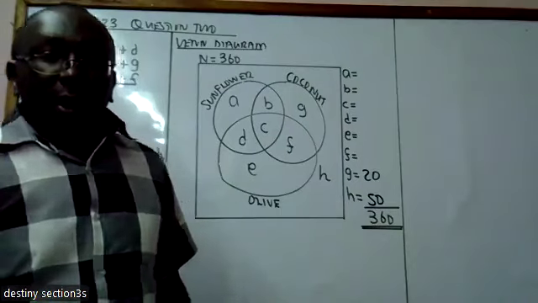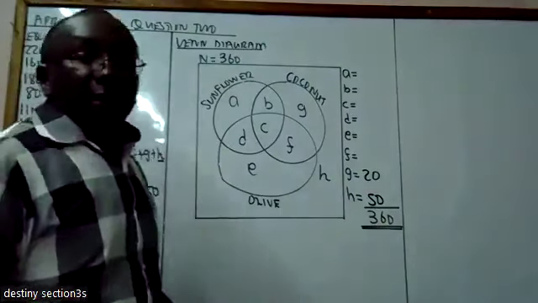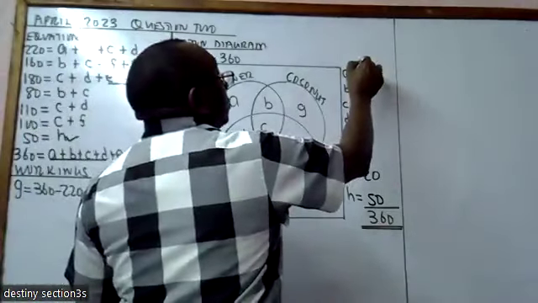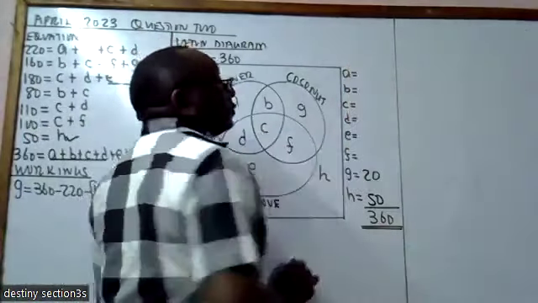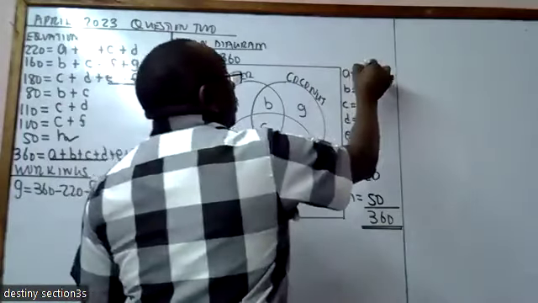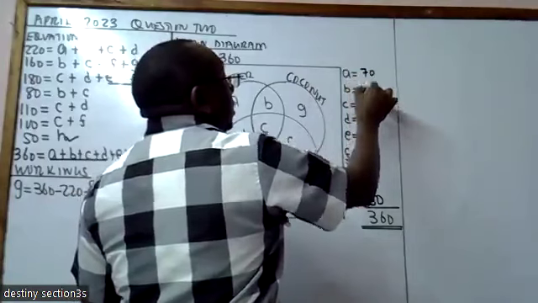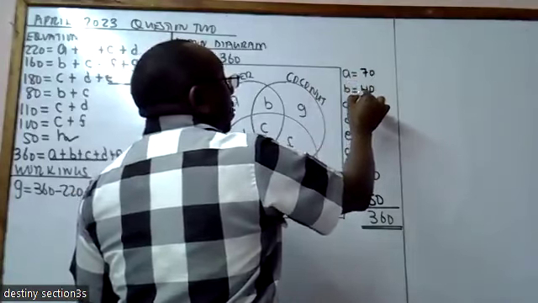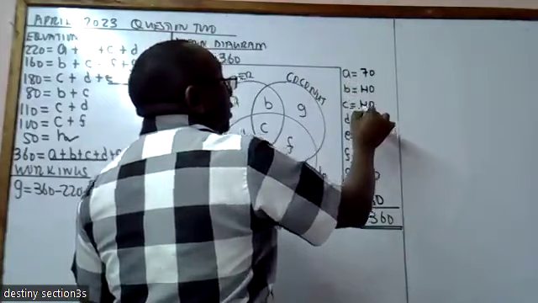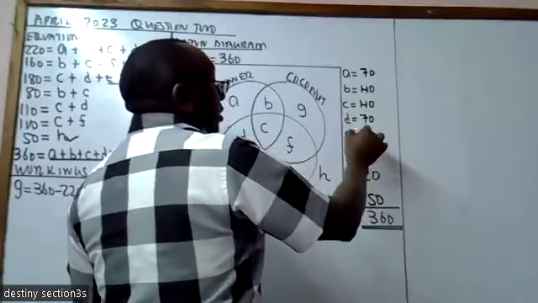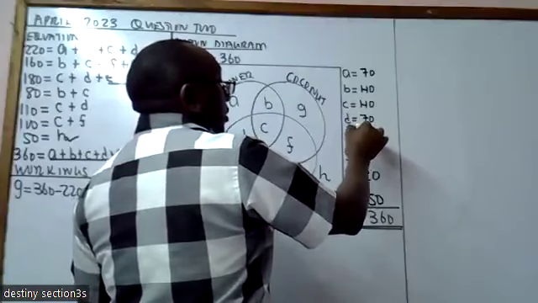Yes, I've finished. Read for me the figure for A. A is 70. Good. B. B is 40. C. C is 40. D. D is 70. E. E is 10.